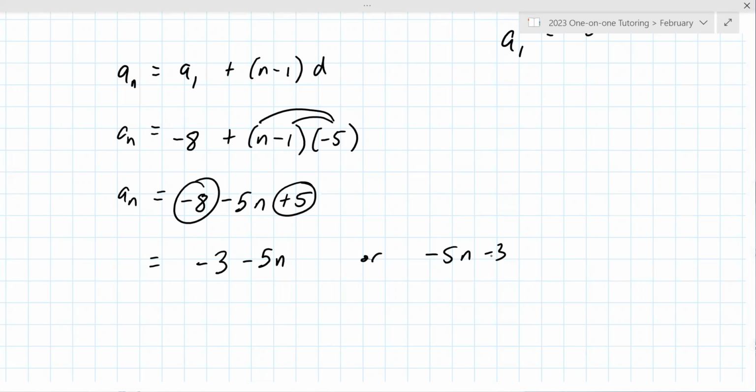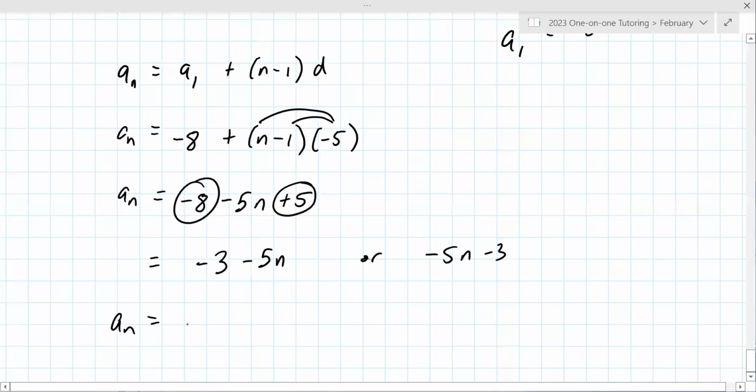Okay, and then let's just say this will have to be our last thing here, but let's just say it asks for the 20th term. What would you do? You would substitute 20 for n. Exactly. Yeah.